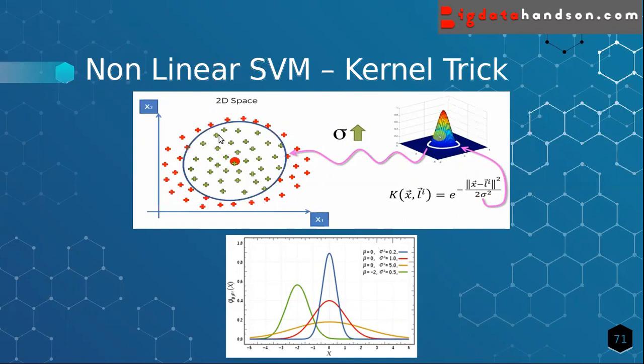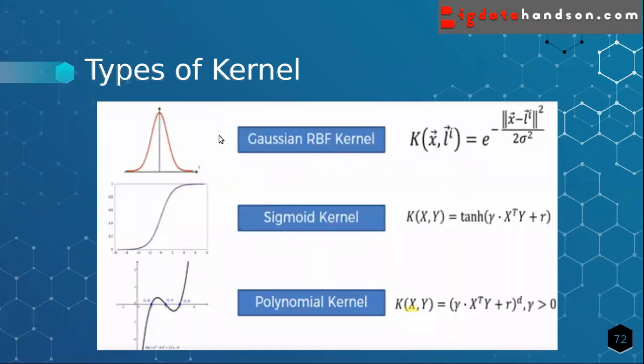And as I said before, we have three types of kernels: Gaussian RBF, sigmoid, and polynomial. Sigmoid is the same function used in logistic regression.